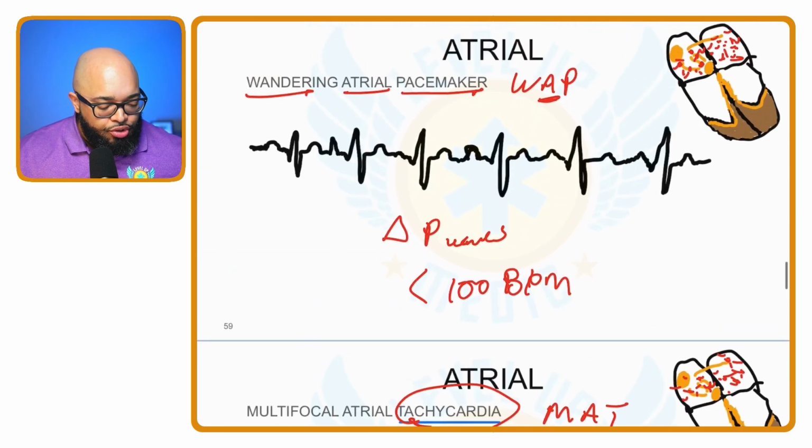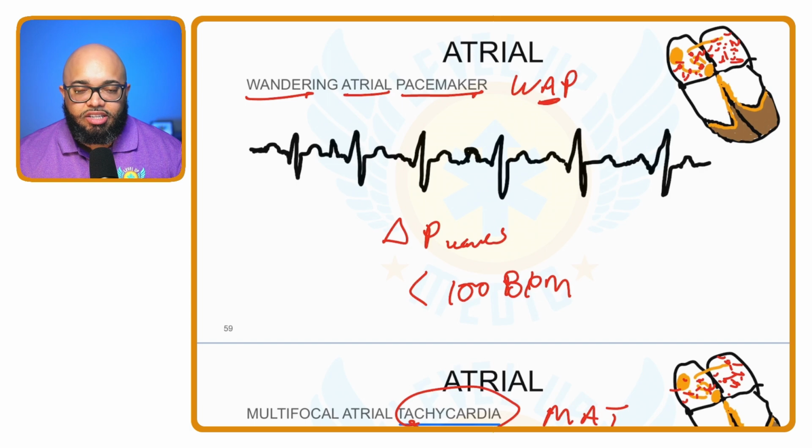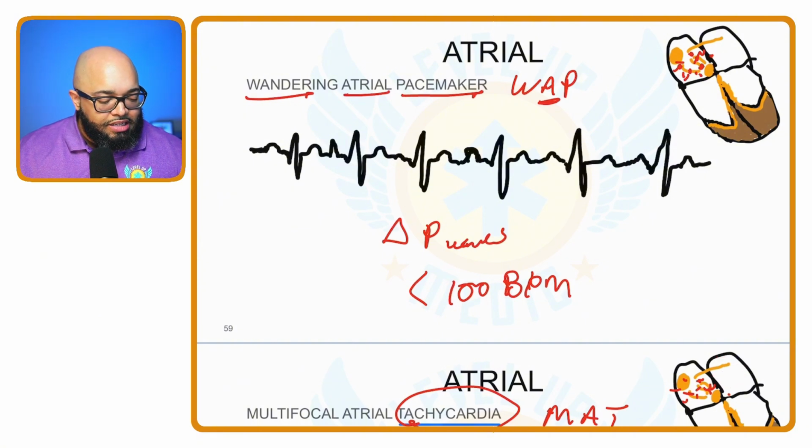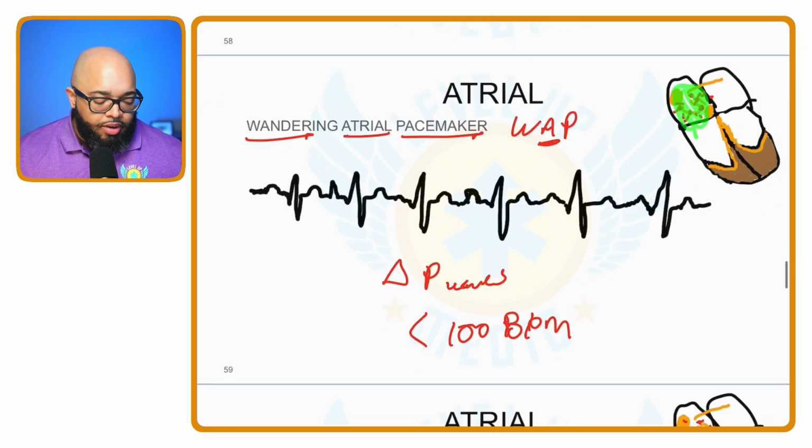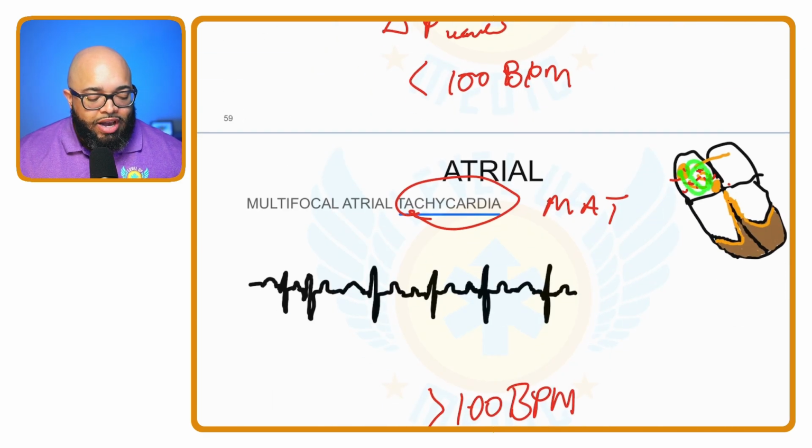So even though I drew their pacemakers, for instance, all over the atrium, actually, I want to clean this up a little to show you that more often, let's say for wandering atrial pacemaker, it's more often than not originating from the right atrium. The same with multifocal atrial tachycardia, it's more often than not originating from the right atrium.